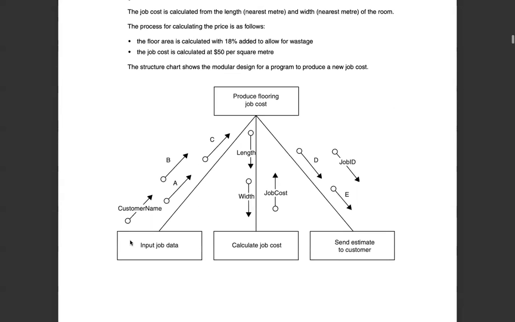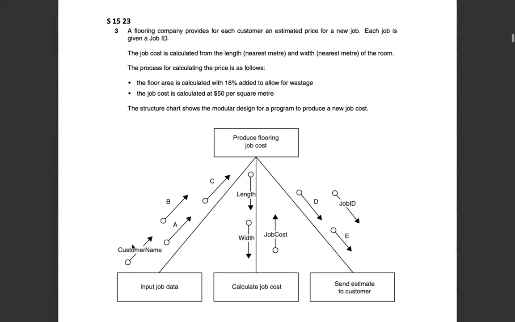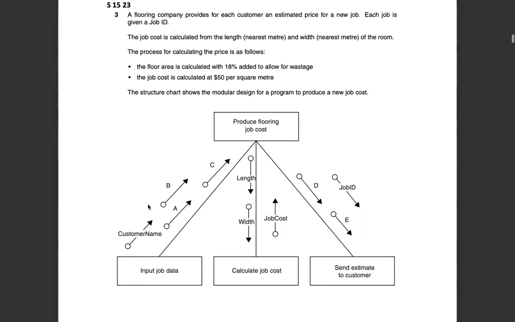By that logic, the statement says that I'm supposed to be inputting the customer ID, customer data, job ID, and the length and width. So I have four fields, four parameters that are being passed for input job data.